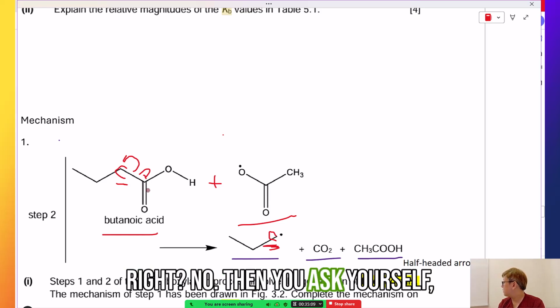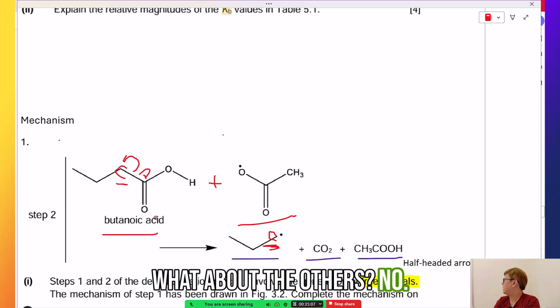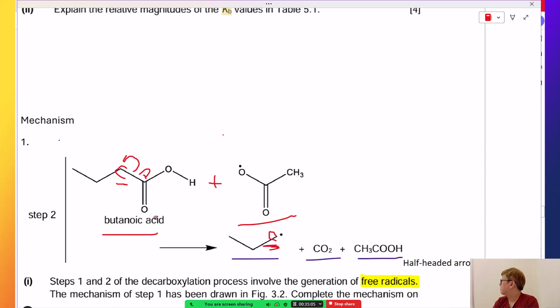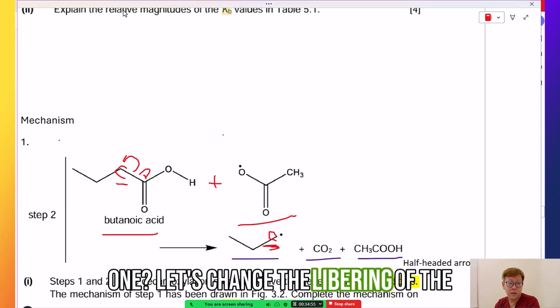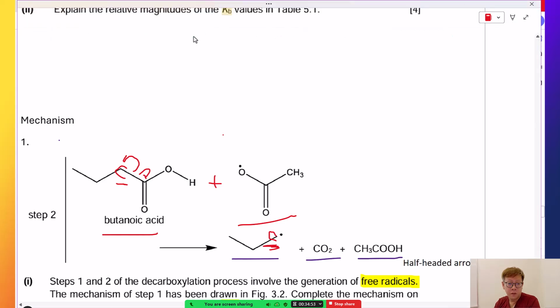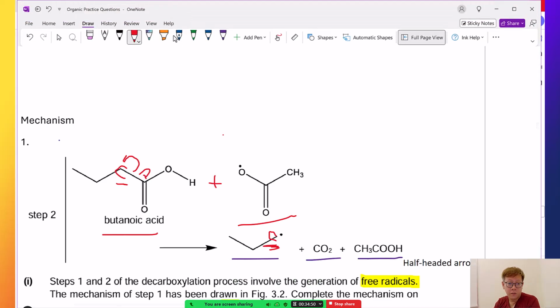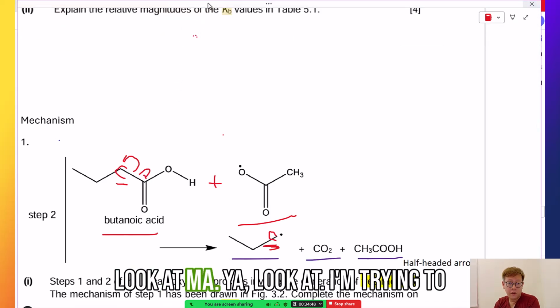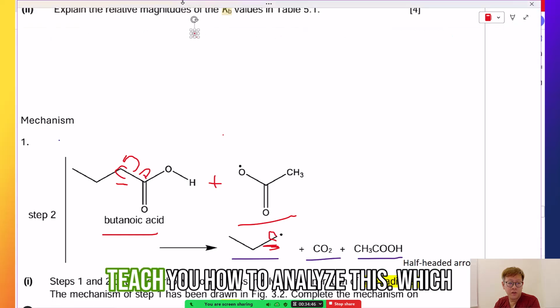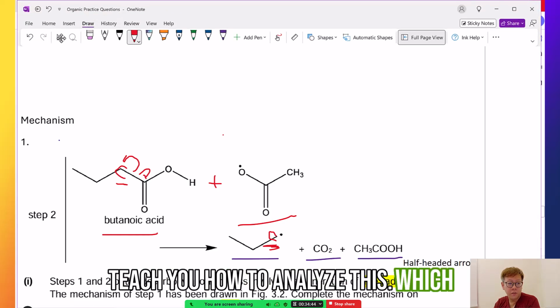Now you ask yourself, what about the others? Let's change the labeling of the carbon. I'm trying to teach you how to analyze this, which is not that easy actually.